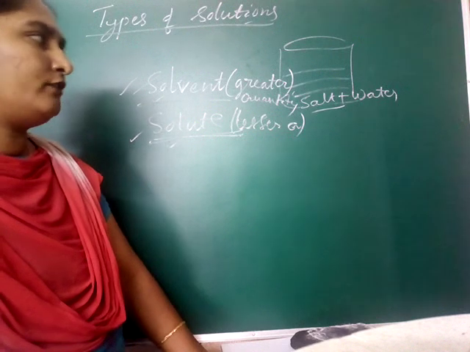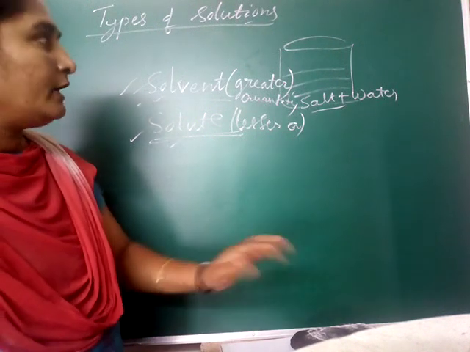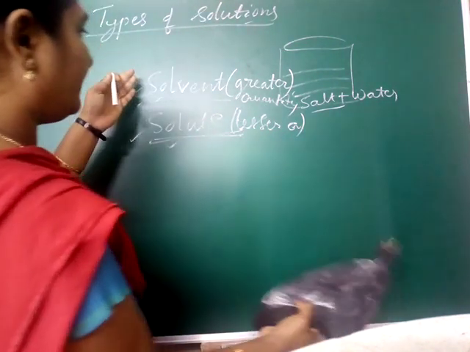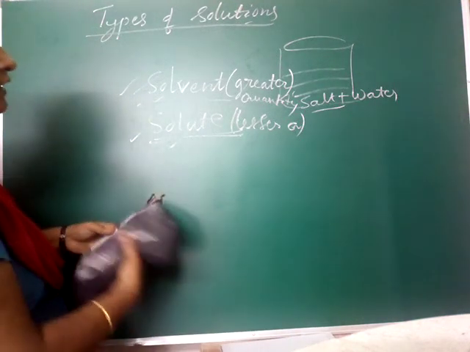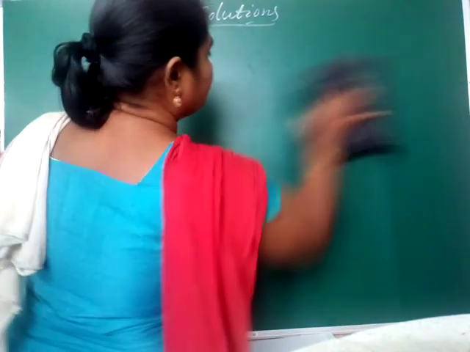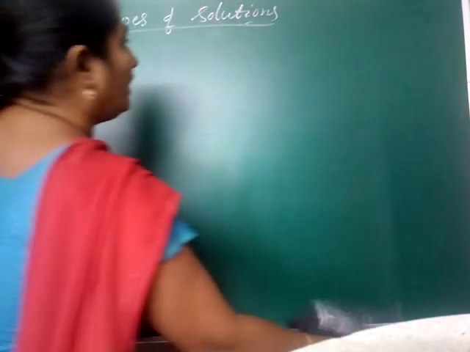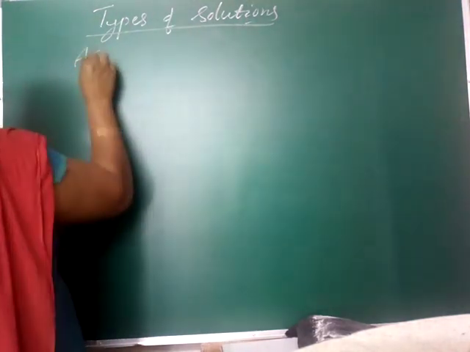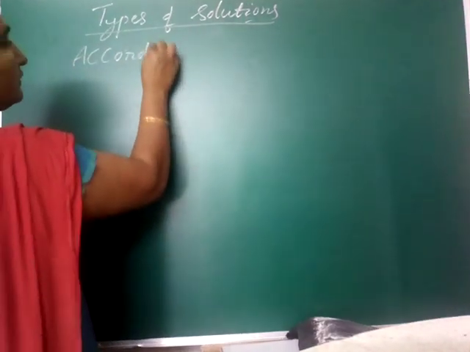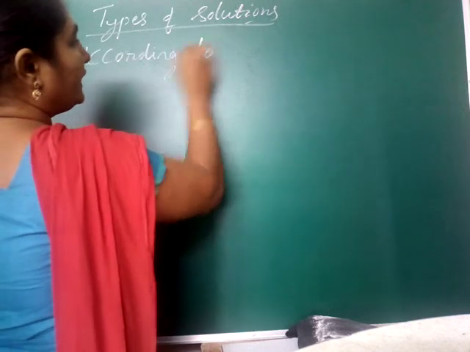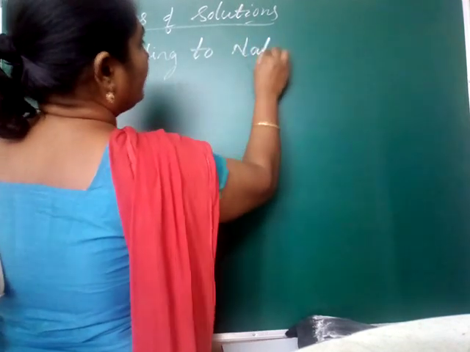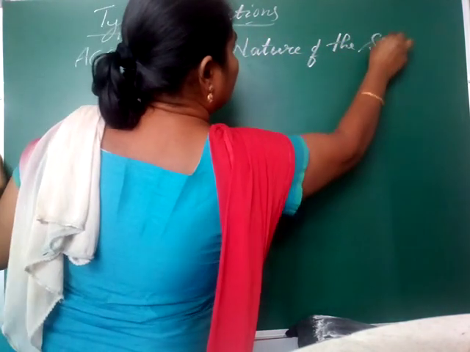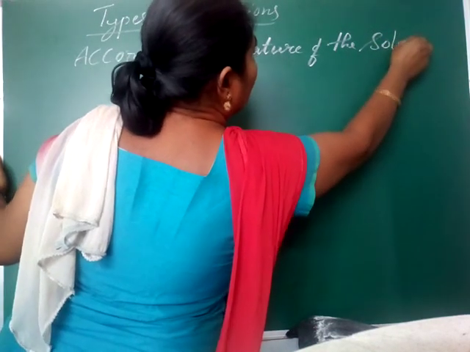After this we will discuss more about it. Now come to types of solutions. Do you understand about solvent and solute? Okay, now types of solutions according to the nature of the solvent.